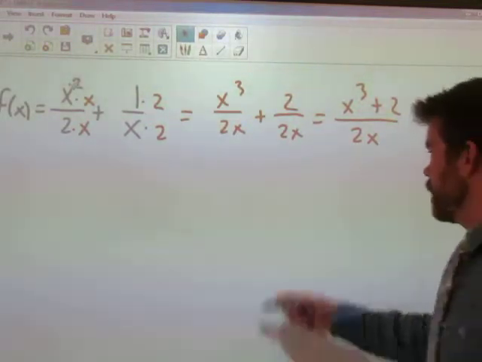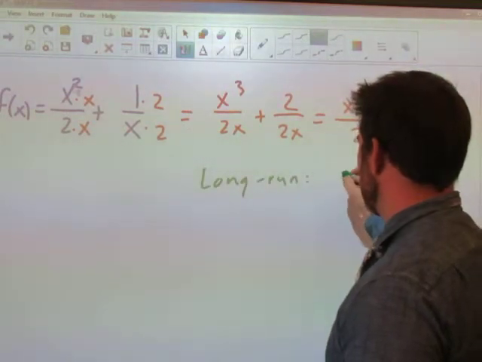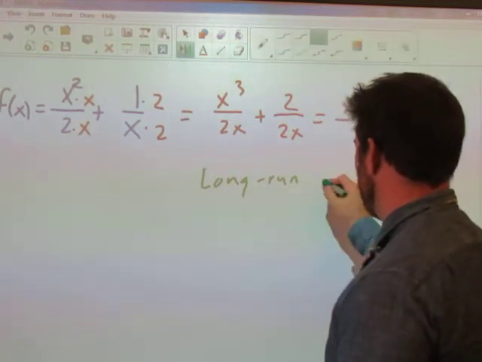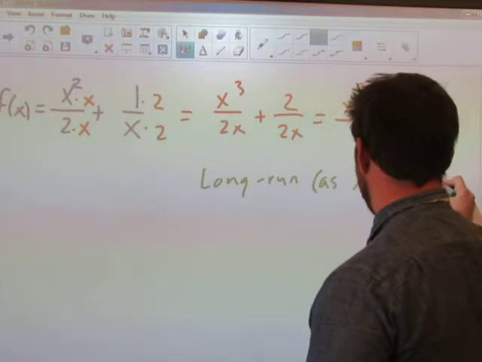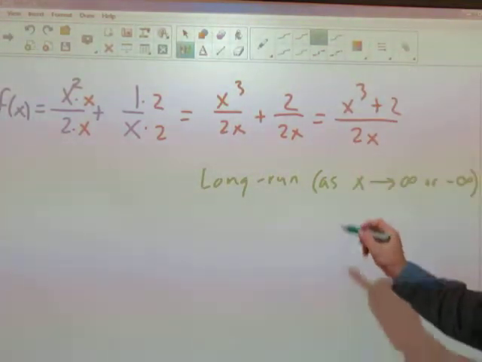Okay, what is this going to look like in the long run? A parabola again. Yeah, long run, this looks like x squared, so we would say as x approaches infinity or negative infinity, what does this thing look like?